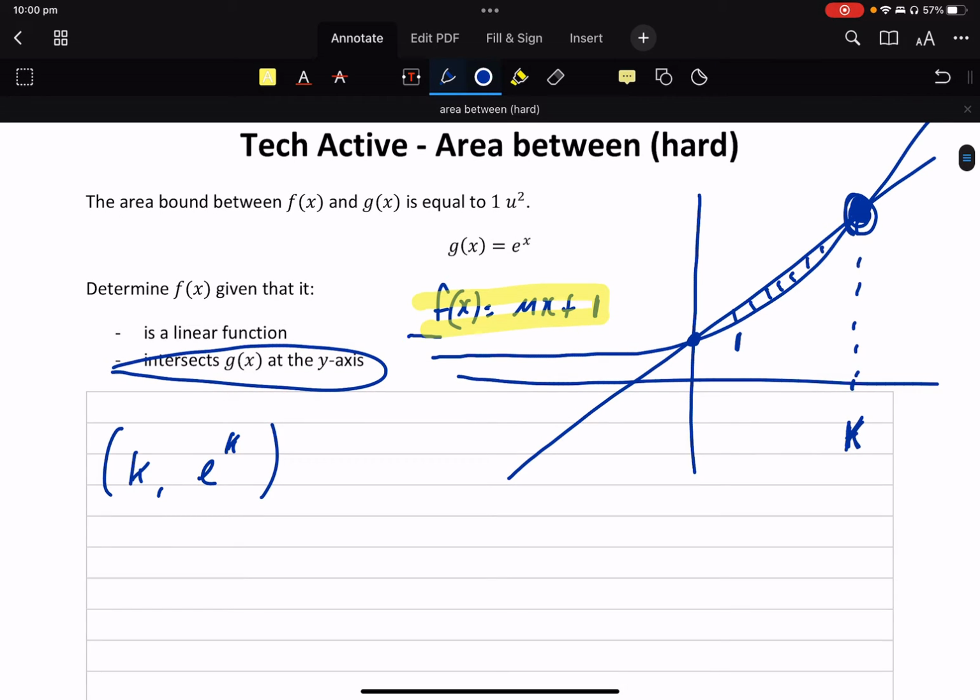On the linear function, when x is k, then the linear function y value is going to be mk plus 1. These 2 points are actually the same point. Yeah, they're the point of intersection. Therefore, we can say e to the k is the same as mk plus 1.